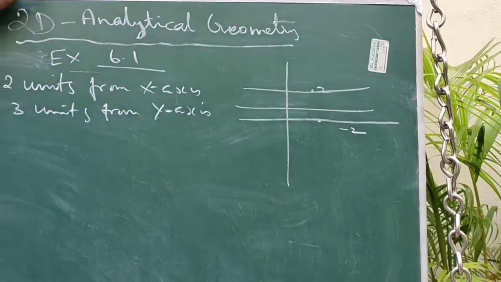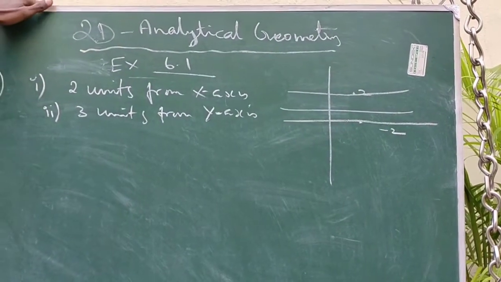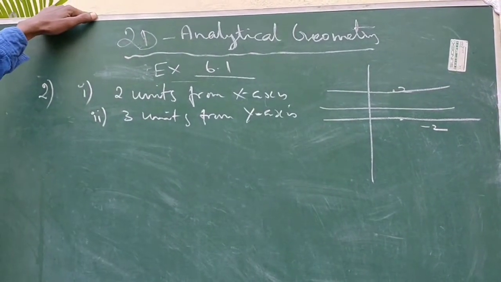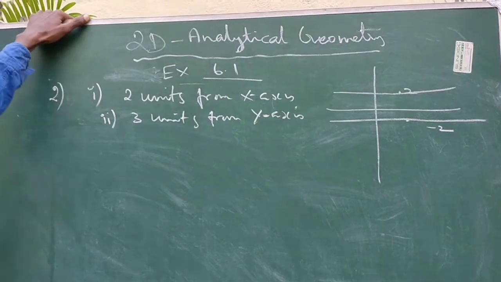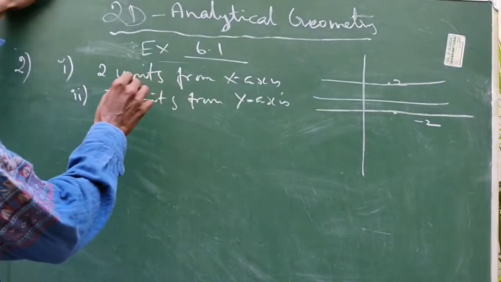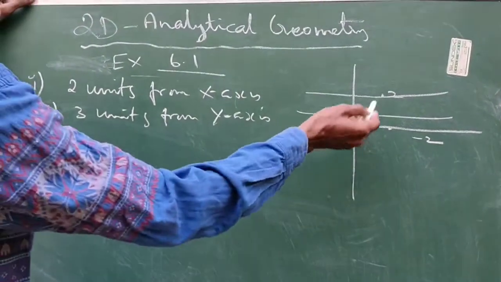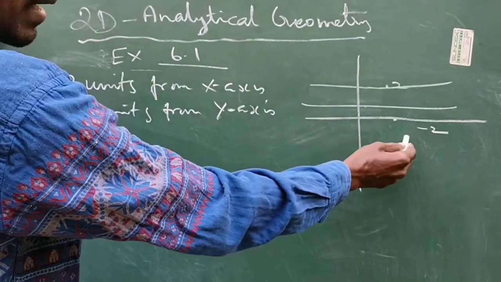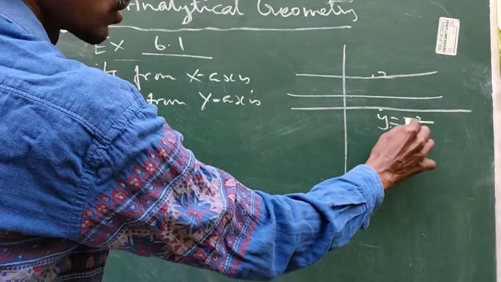We know that any line which is parallel to the x-axis is of the form y equals some constant. Here, given 2 units from the x-axis, it may be above or below. Above means y equals 2 and below means y equals minus 2.